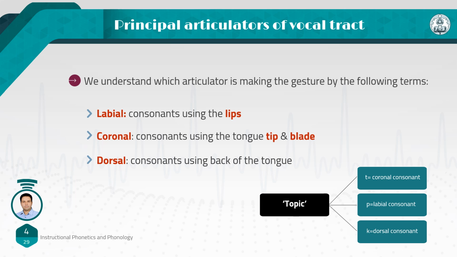Topic, p is made by the lips, so it is a labial consonant. And at the end, topic, k is a dorsal one because it is made using the back of the tongue.